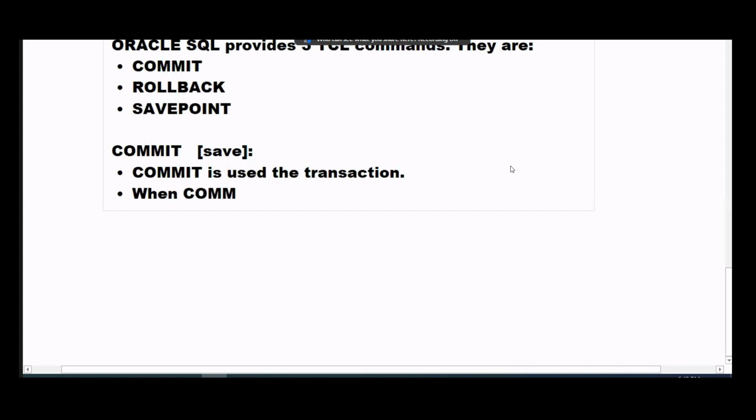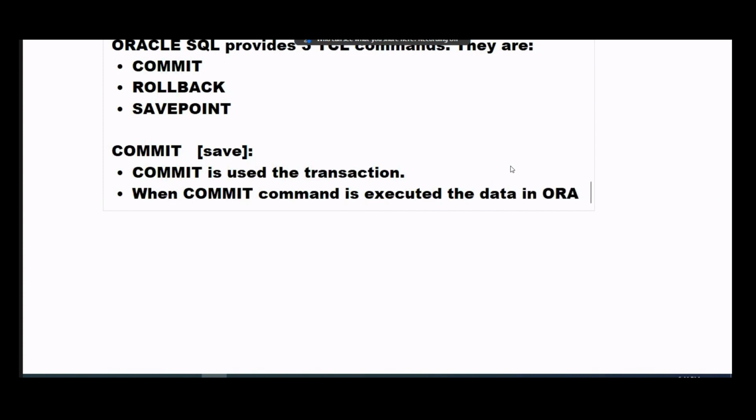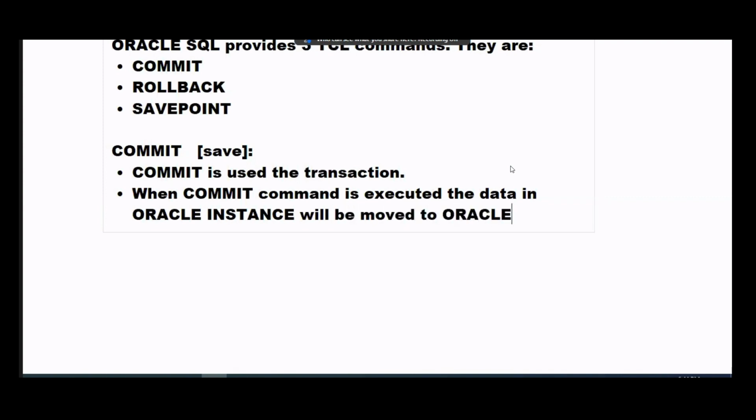So when the commit command is executed, the data in the Oracle instance will be moved to the Oracle database. The Oracle instance means it is stored in the RAM.